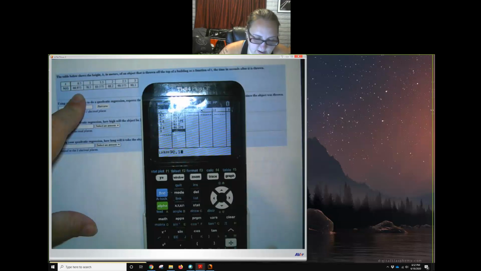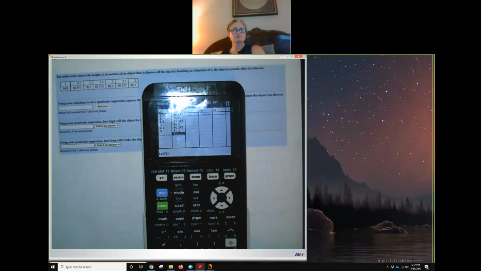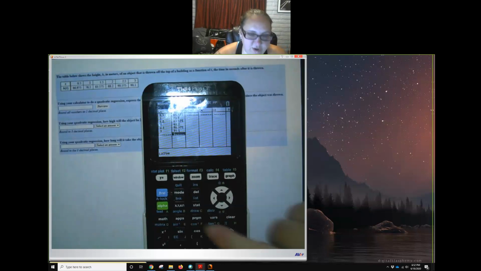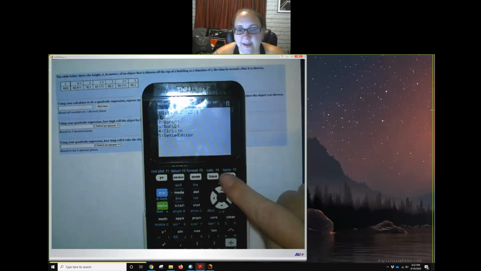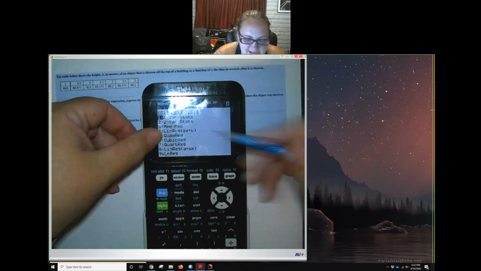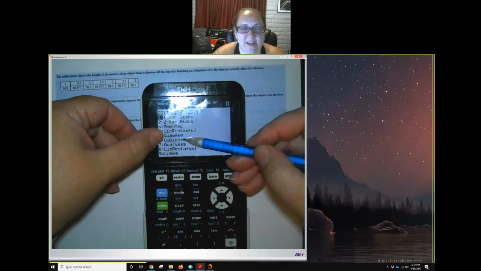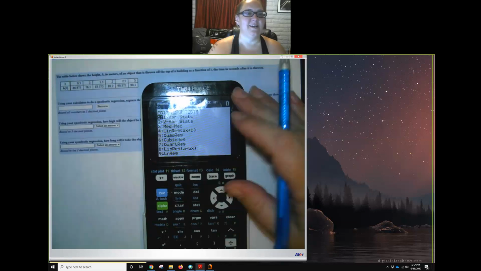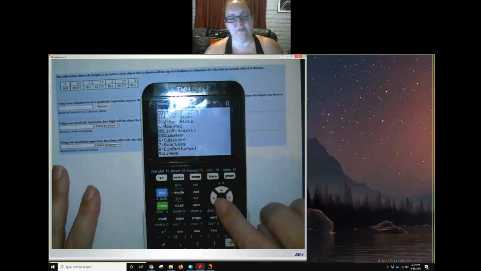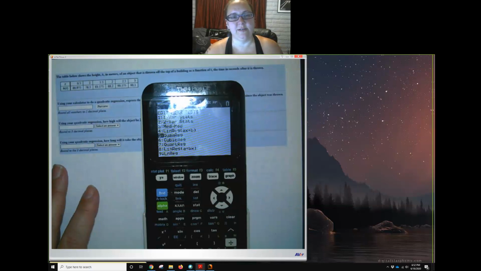Okay. And then just like the other day when we were doing linear regression, you go to Stat and then Calc. So we're going to press this button over one to get to Calc. And now instead of linear regression, this time we want quadratic regression. The next one down because it says find a quadratic regression. Okay. So we're going to go to 5 and then press enter.